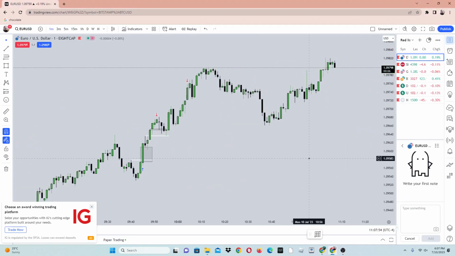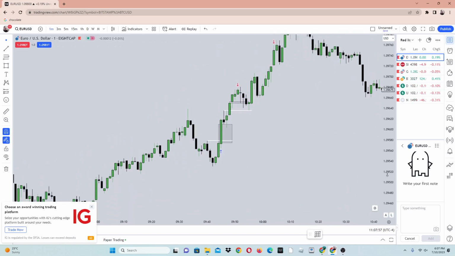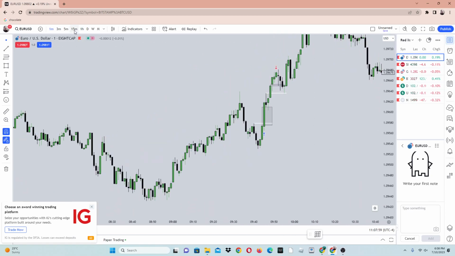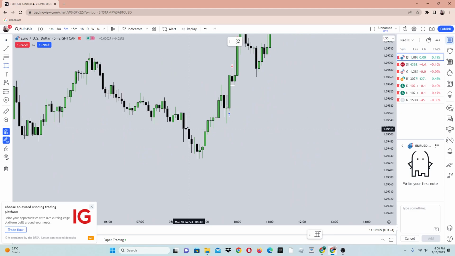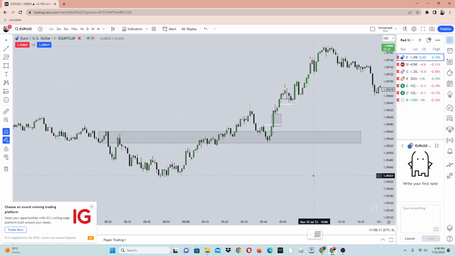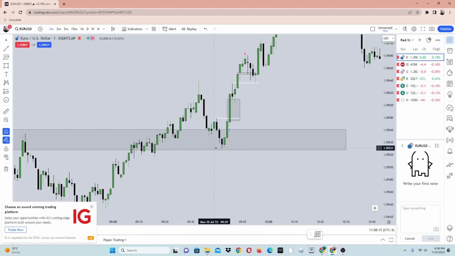So if you can see the executions right here, if you go to the 5 minute, we can see that this is the breaker that I used. So going into the 1 minute, we got into the breaker.